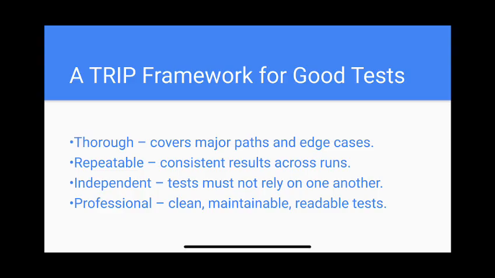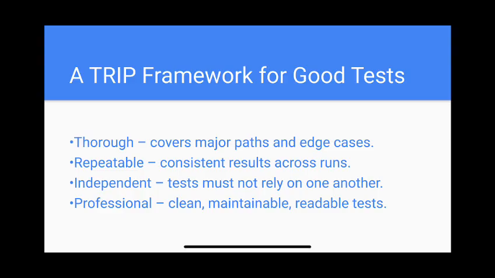The R in TRIP stands for repeatable. It means that it produces the same result every time on any machine under the same conditions, and there's no dependency on external systems like time, randomness, or environment. It is critical for regression testing.